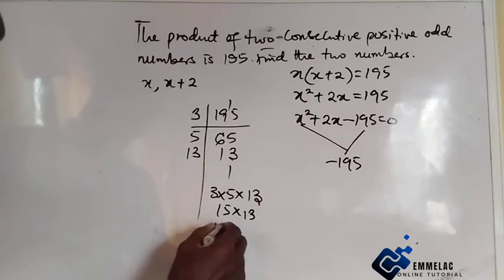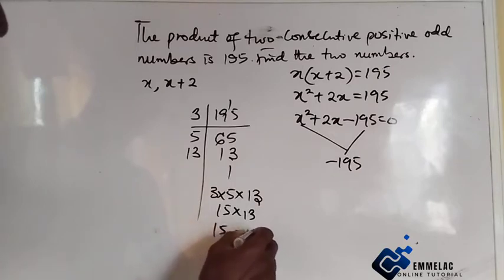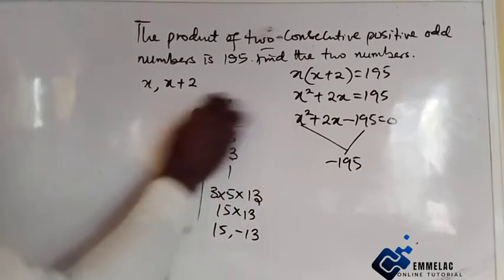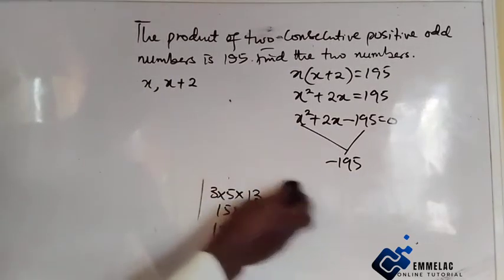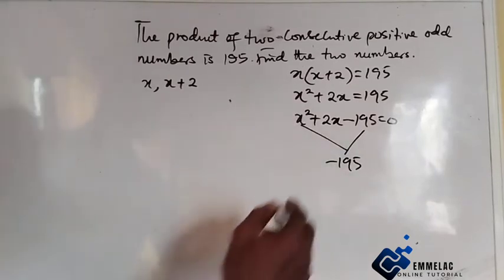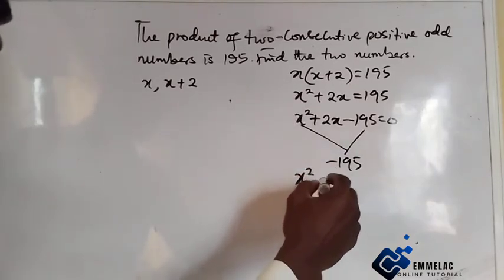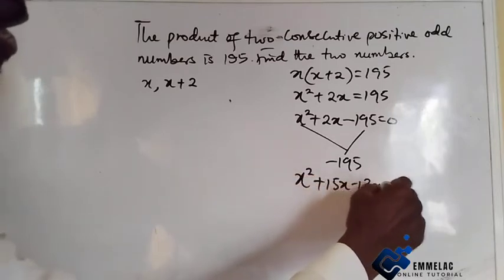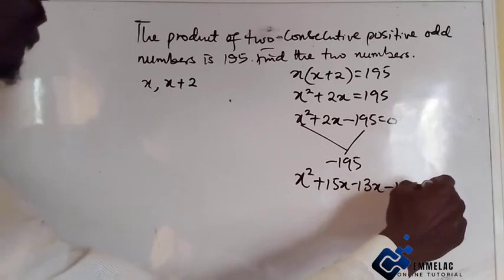So this is 15 and minus 13. These are the two factors that will give us minus 195 and 2. So here we have x squared plus 15x minus 13x minus 195 equals 0.